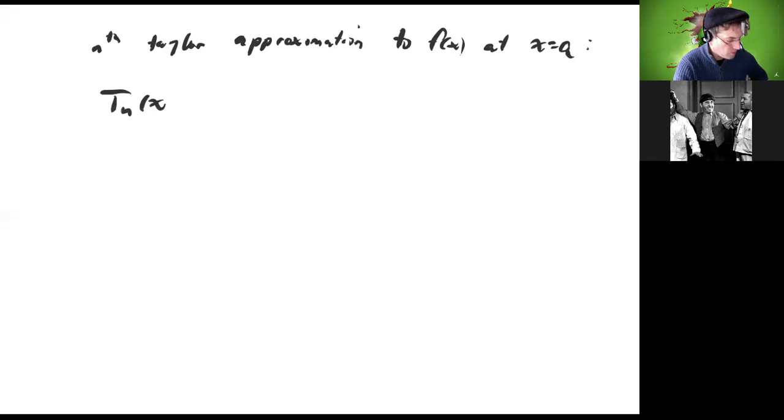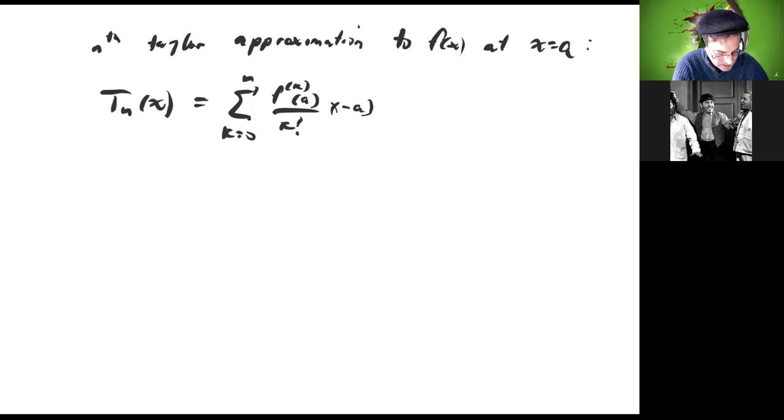It's going to be a polynomial in x minus a, so it's going to be given by the sum k goes from 0 to n of the kth derivative of f at a over k factorial times (x minus a) to the k. In other words, we truncate the series at degree n. So this is going to be a polynomial in the expression x minus a.